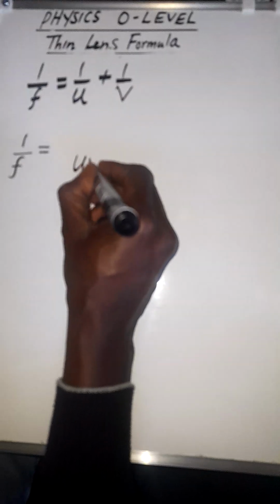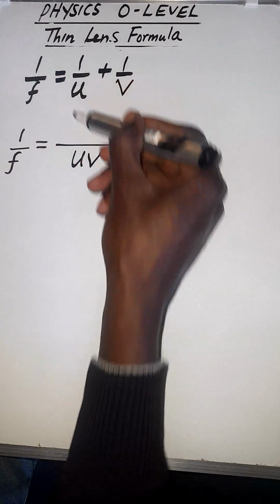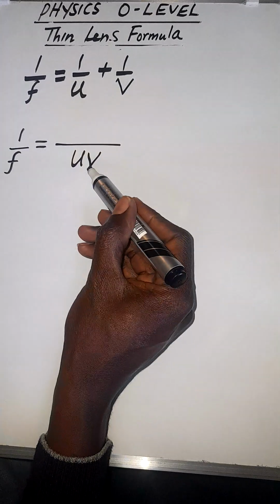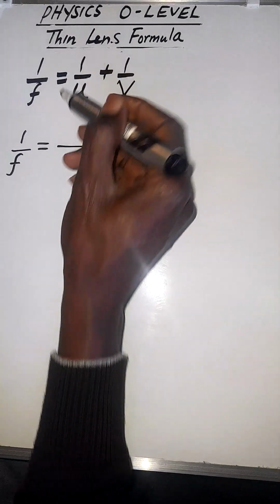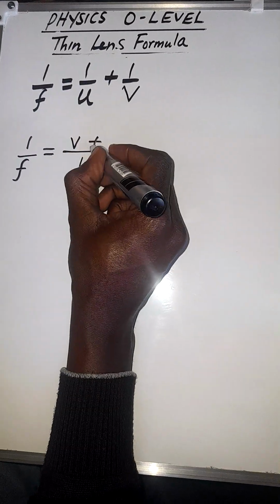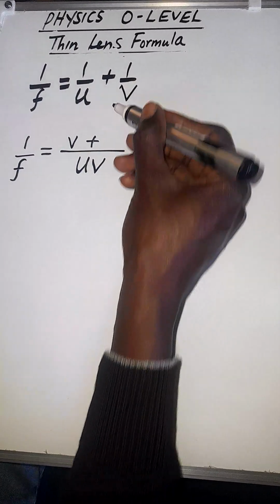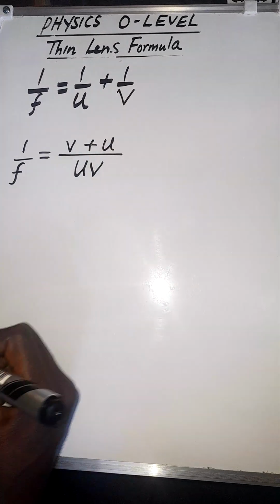So we have uv over, when the denominator goes into uv, the u and the u cancel, I remain with a v. v times 1 will give me a v, plus, when v goes into the common denominator, the v and the v cancel, I remain with a u. u times 1 will give me a u there.